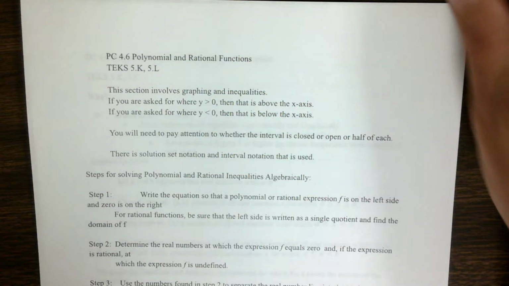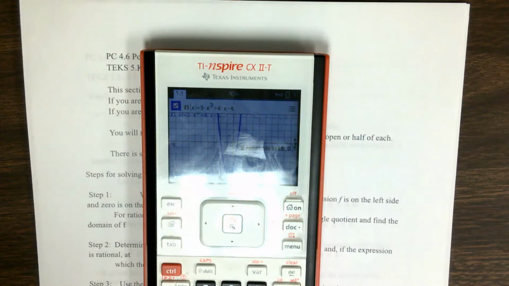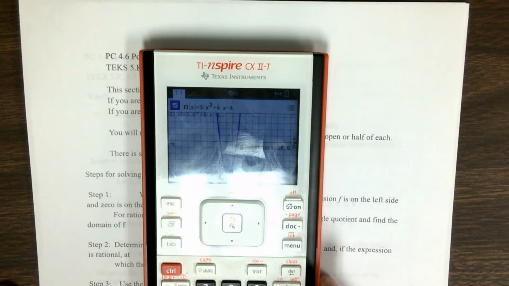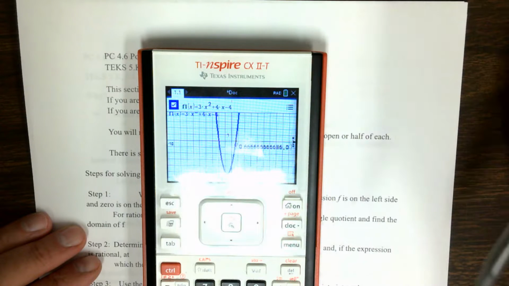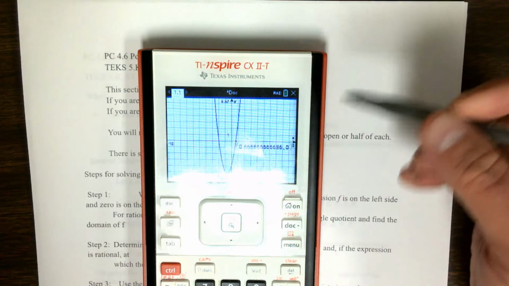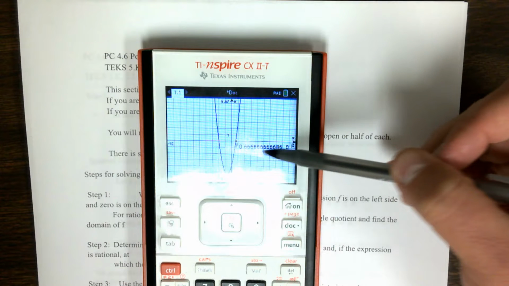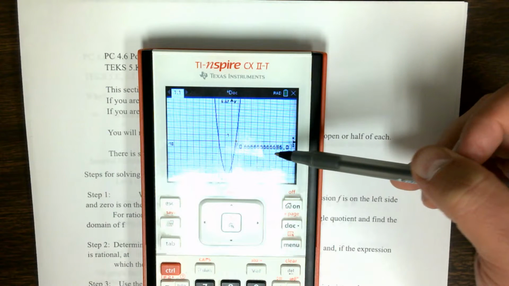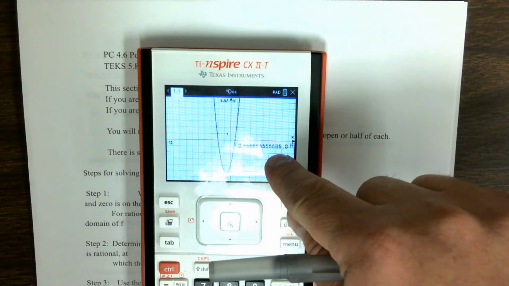So just real quick as a side note, if you were to graph 3x squared plus 4x minus 4, what you're going to do is find out your x-intercepts. Like in this case, I have approximately 2/3. We ignore this 0.86, or this part at the very end that's 8.6.